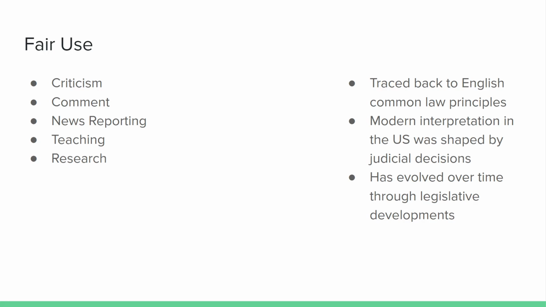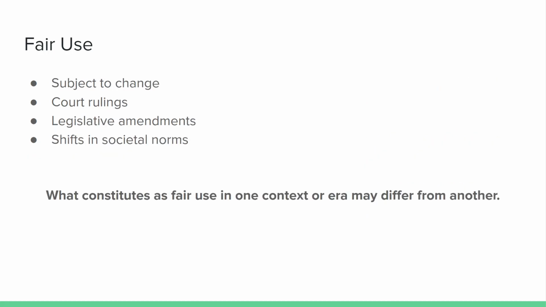So it's been around for quite a long time, but the modern interpretation in the U.S. was shaped by judicial decisions, which means that what constitutes fair use has evolved over time through different legislative developments. So the thing about fair use is that it's really dodgy.